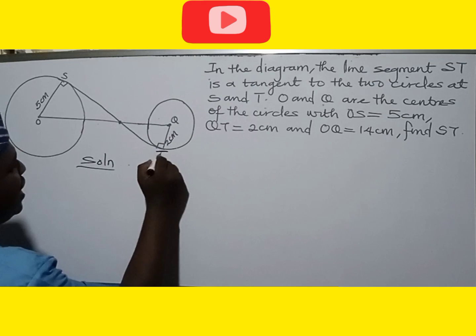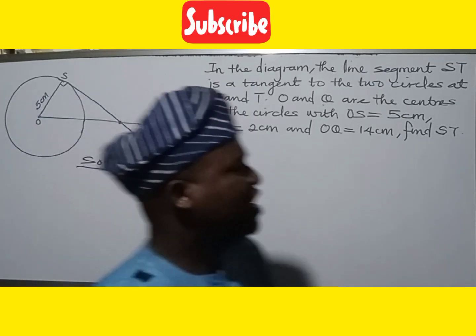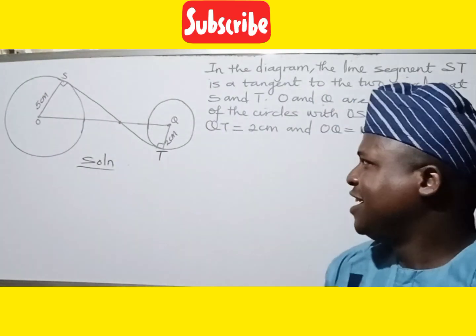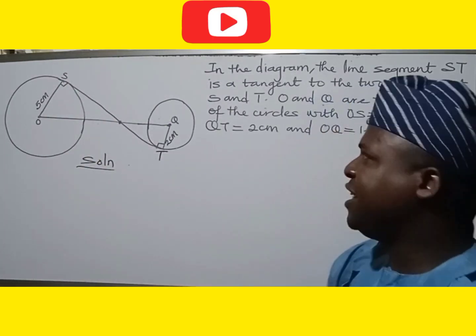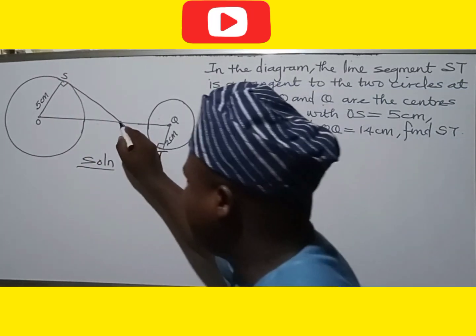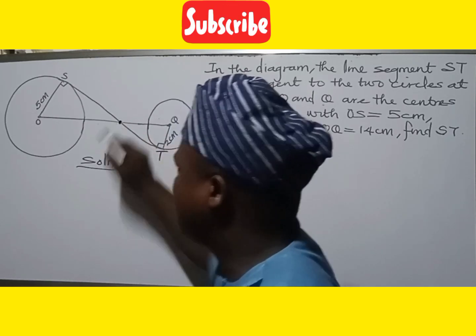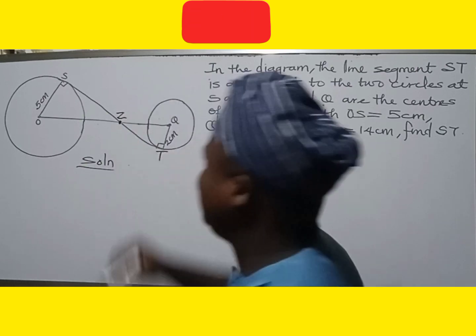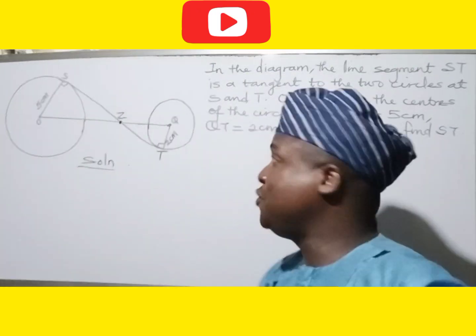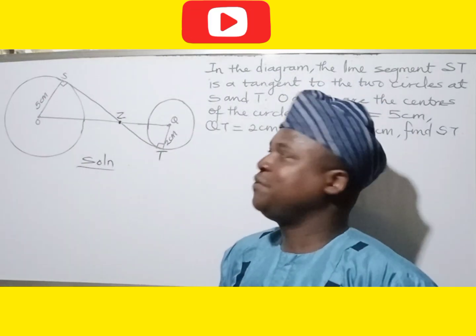For us to find ST here, it is somehow difficult. Before we can find ST, there must be a particular point here, and at that point, we need to label it. That means the first thing we are going to do here is to relabel.